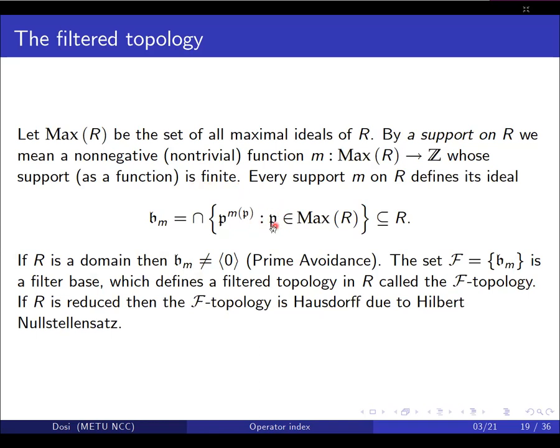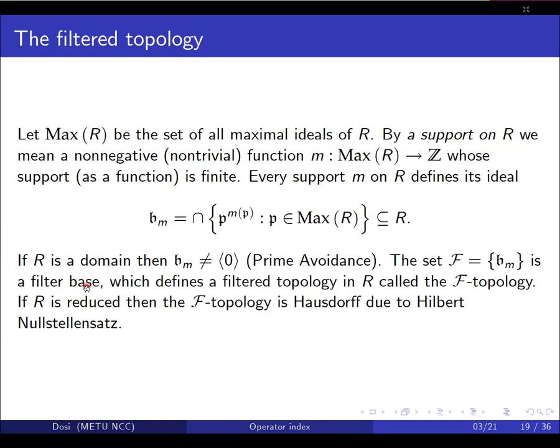So I can pick some primes, take some powers, and look at this intersection, the intersection of finitely many powers of maximal ideals. This is non-zero when, for example, R is a domain. All this together generates a filtered topology, called the F topology, let's say.